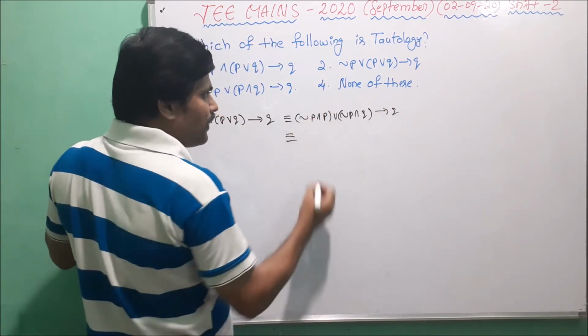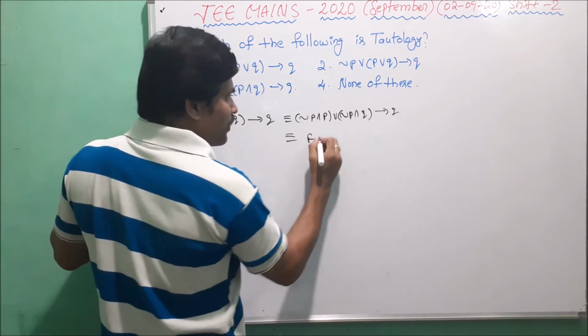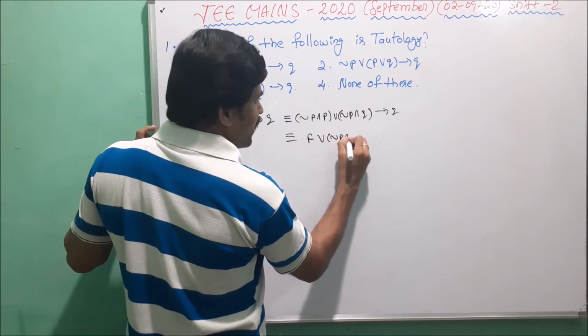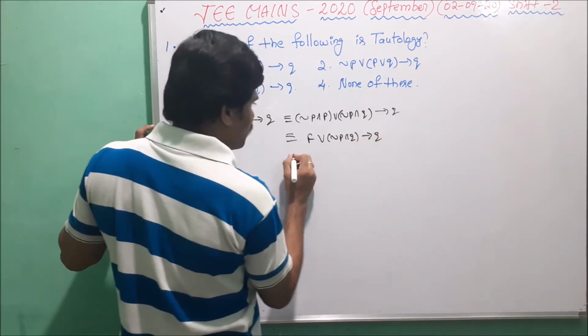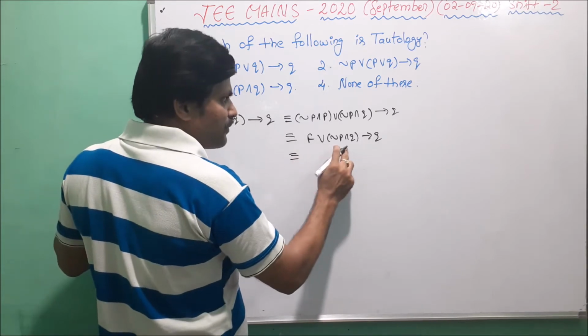Negation P and P is equal to false, so we get false or (negation P and Q) implies Q, which is logically equivalent to F or (negation P and Q).